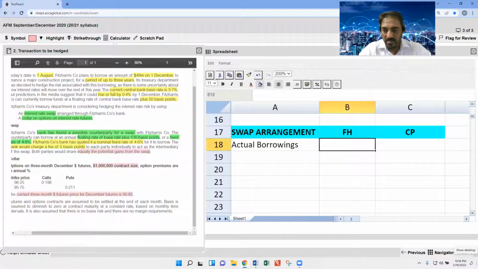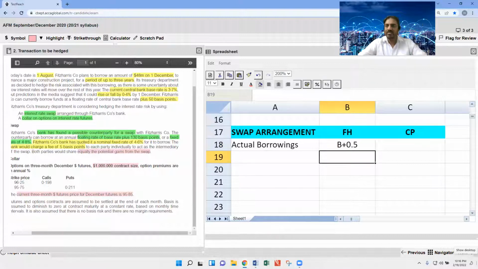So I must say minus basis rate plus 0.5 because it is a payment here. Or you can work out payment in the positive and receipt will be negative, no matter which way around.